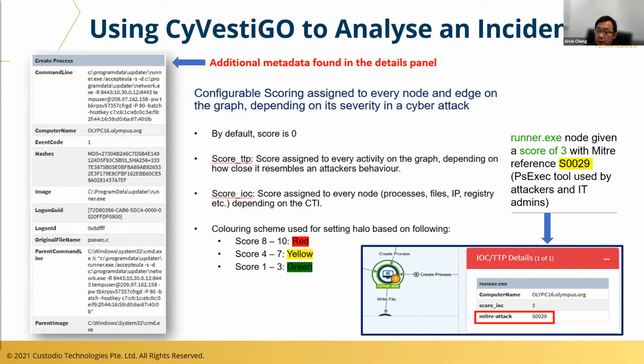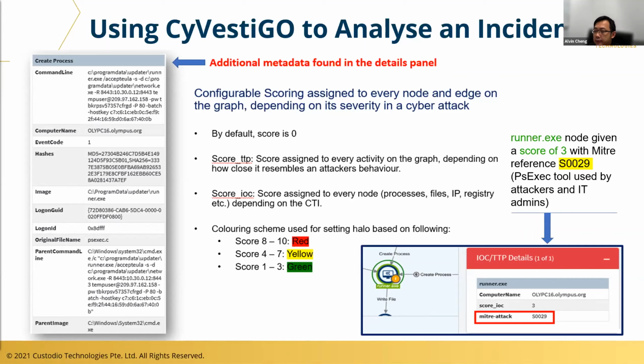For example, it tells you the location of the file that is being executed, the hash values, the computer names, and in some cases, the account that is used to run the process. It depends on what you click on. You will have different information appearing on the low-level details panel.